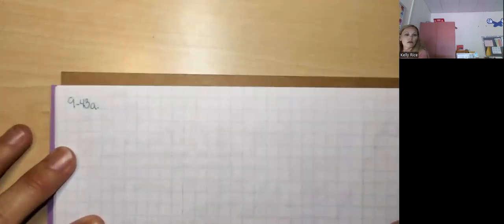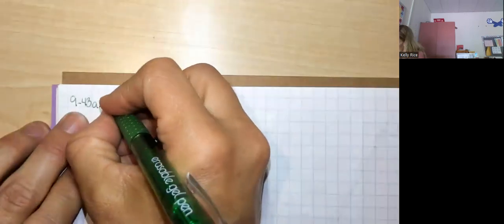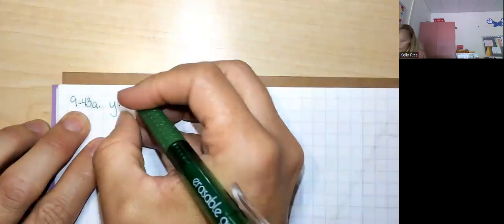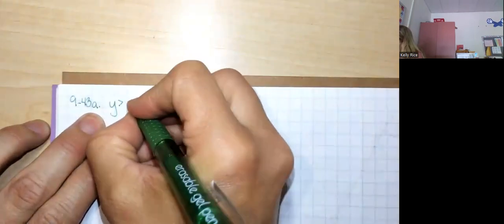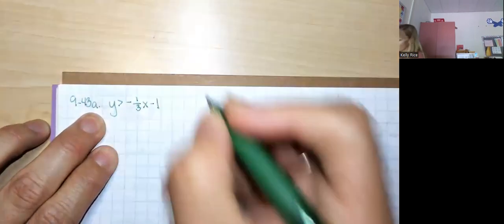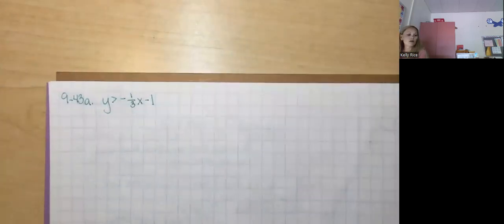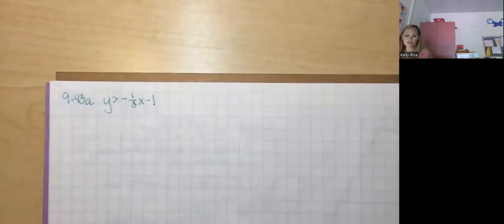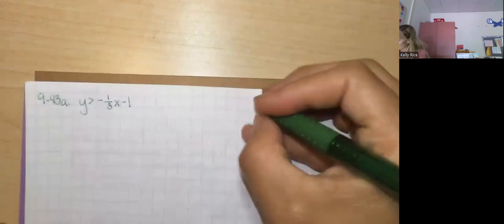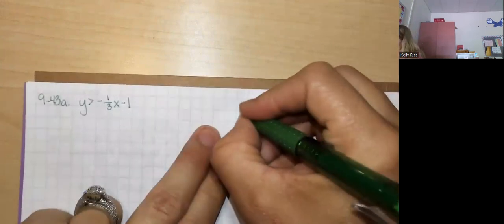Oh, we got 43. Okay. I'm going to have to do that. Y is greater than negative 1/3 x minus 1. It's definitely going to E. So we're only going to do A and B. Oh, see, I told you, Will. Yeah, whatever. We got that.